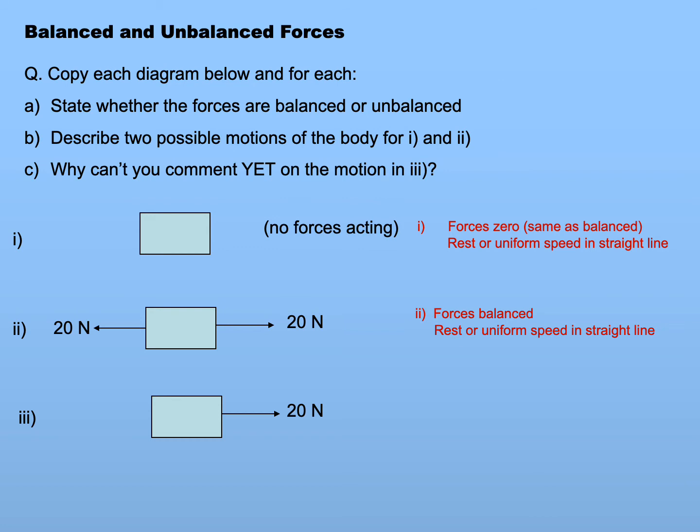And finally, the third one, it says, why can't you comment yet on the motion of number 3? Well, that's because if you look at it carefully, we've got 20 newtons to the right, but nothing to the left. Therefore, the forces here are unbalanced. If you haven't studied unbalanced forces yet, you're not really able to comment. If you have studied unbalanced forces, then you will know what the consequence of that is.